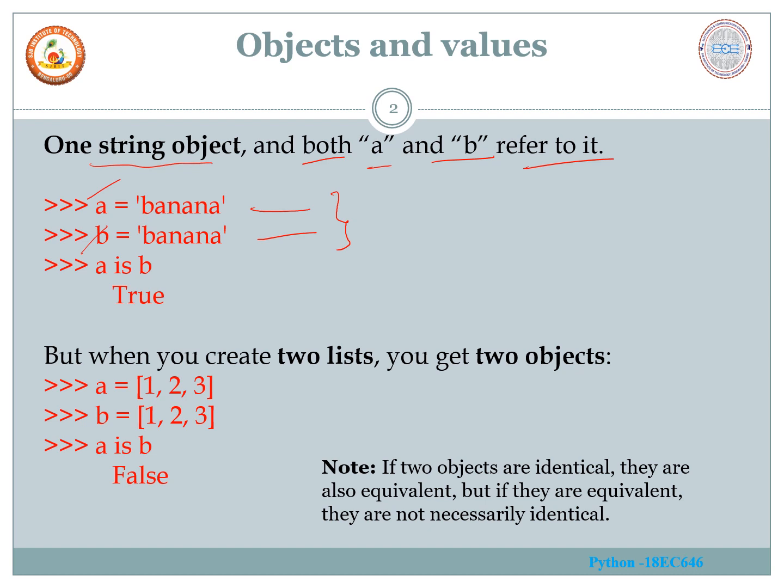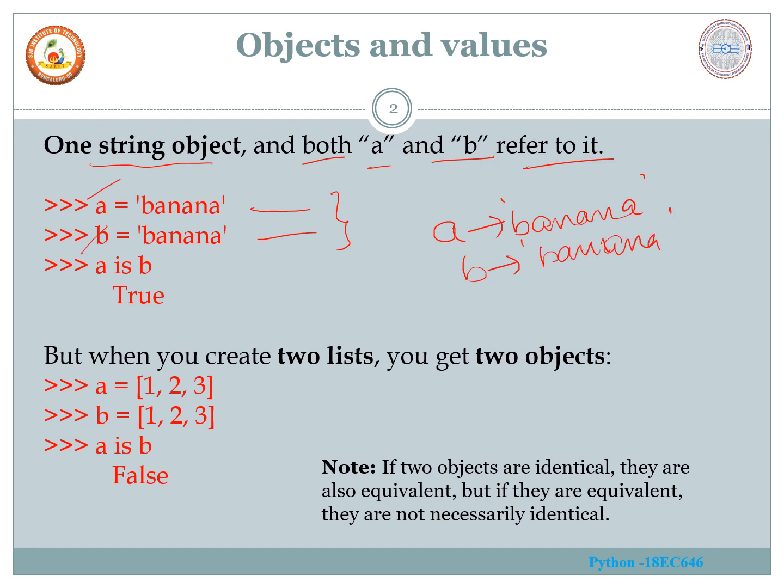So there are two possible states now. I have A referring to one string called banana, and B referring to the same string called banana.